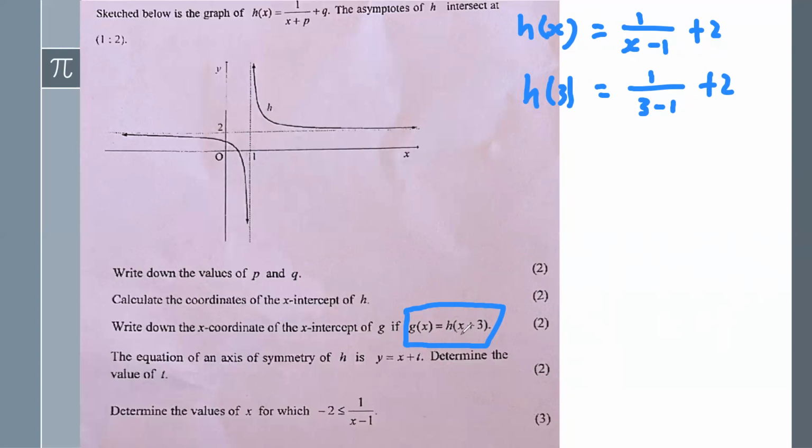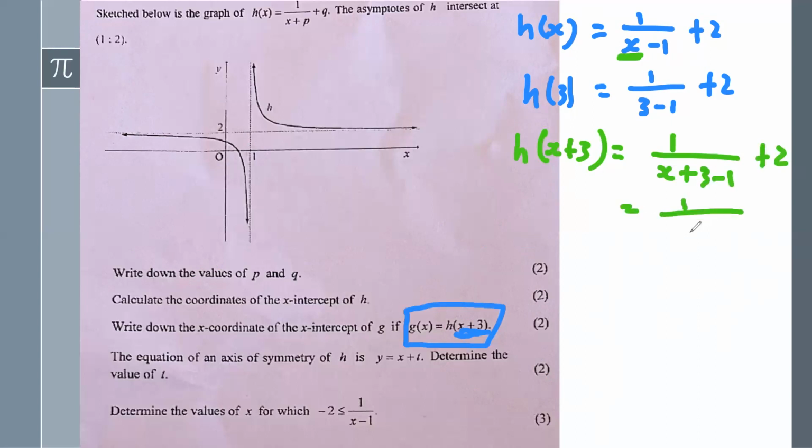So I'm going to substitute x plus 3 in the place of x from the given function, and I'll pick a different color for this. So if I want h of x plus 3, it means in the place of x, I must put in x plus 3. I must put in x plus 3 and subtract 1. The plus 2 is there.